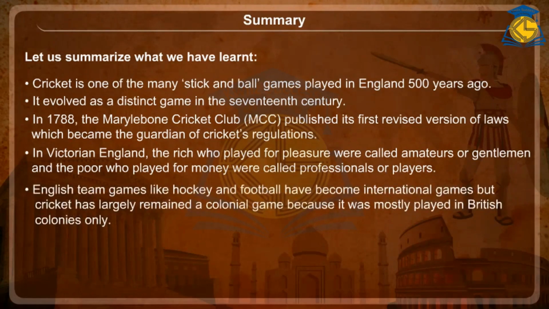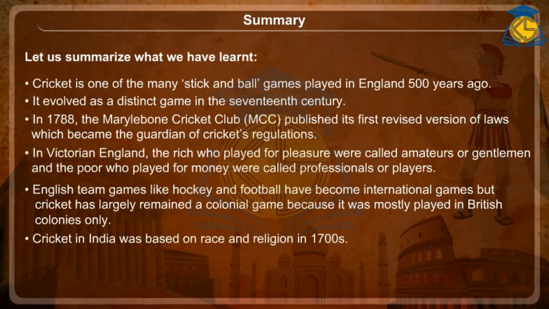English team games like hockey and football have become international games, but cricket has largely remained a colonial game because it was mostly played in British colonies only. Cricket in India was based on race and religion in the 1700s.